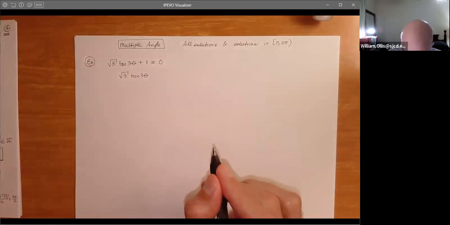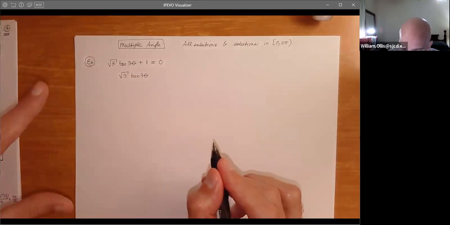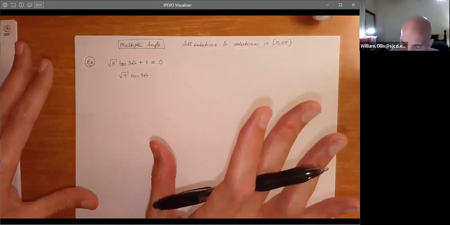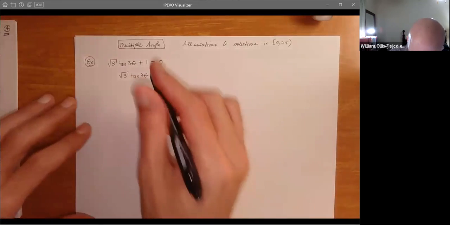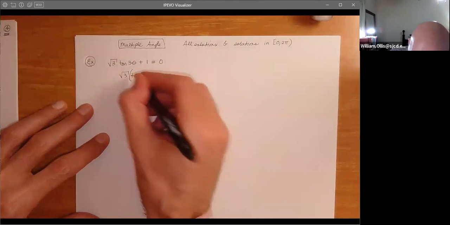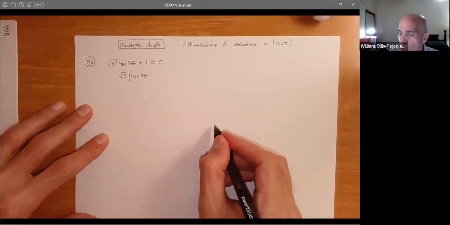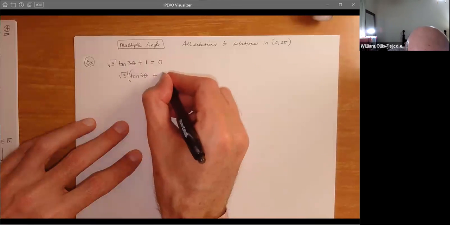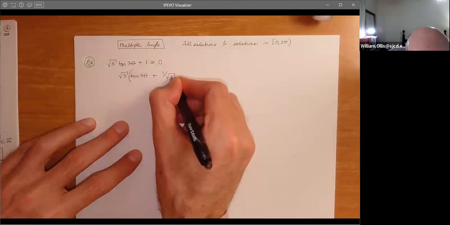Now, you can move everything over, or you can go ahead and factor it. Let's just factor the square root of 3, just to be consistent with what I've been doing with all the problems. If I factor the square root of 3 here, I'm going to get plus 1 over square root 3.